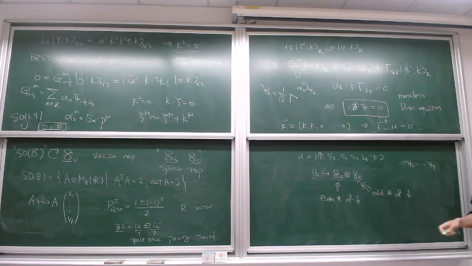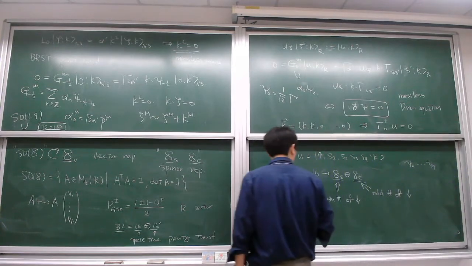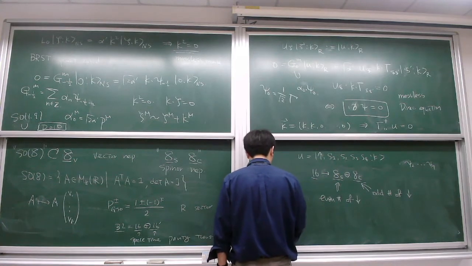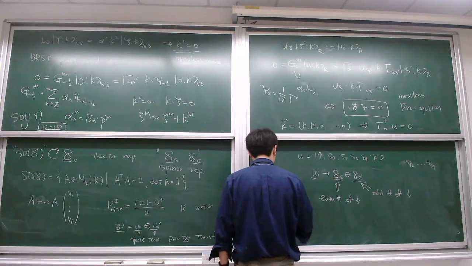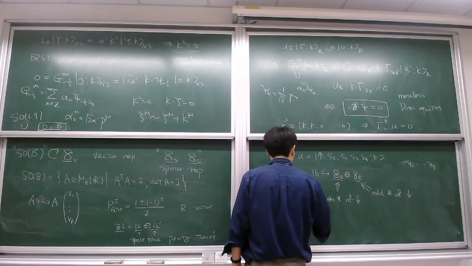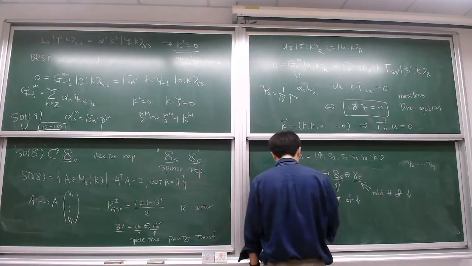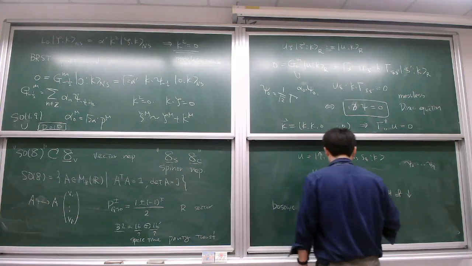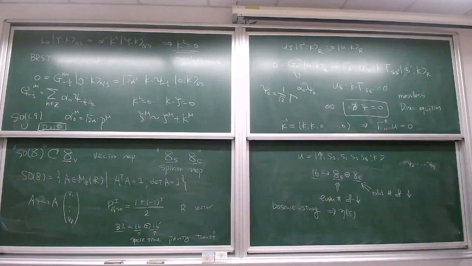Last time I talked about the torus partition function for the bosonic string, and you have the Dedekind eta function for the bosonic string. Last week's homework was just to derive the Dedekind eta function more explicitly.